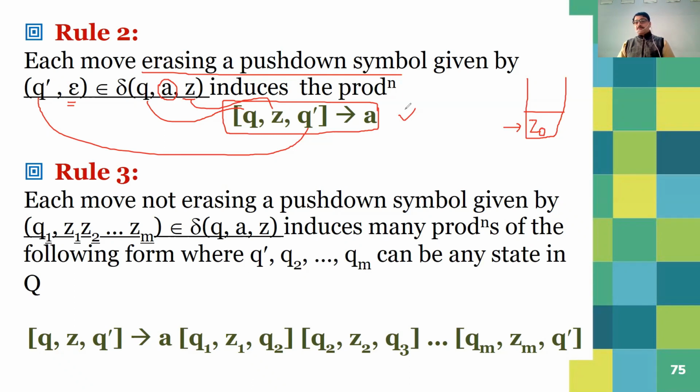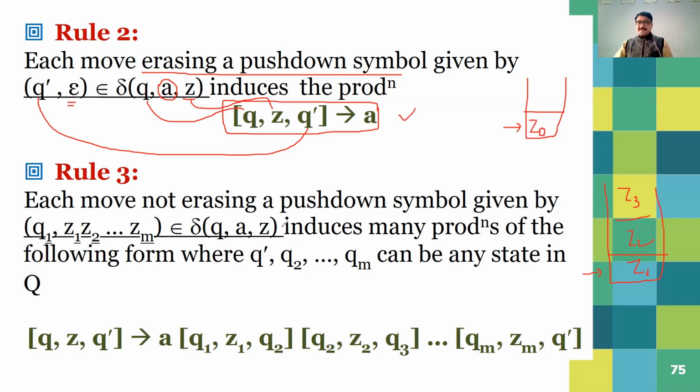Another part is, suppose we are pushing symbols into the stack. In the previous case we were not pushing anything, but if we are pushing, suppose you are popping Z from the stack, and after the transition you are pushing Z1, Z2, Z3, Z4, because we can push any number of elements into the stack, right? We already know this.